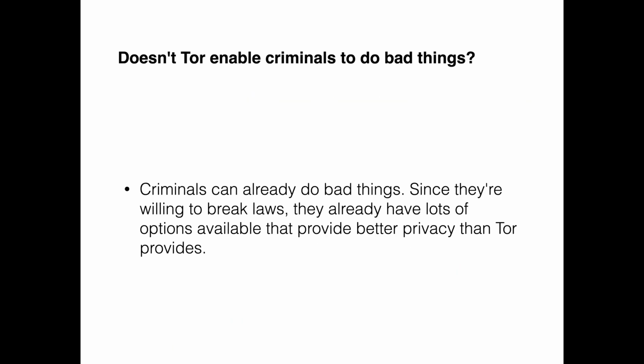So the question is, what kind of bad things does Tor allow criminals to do? So bottom line is, criminals can do bad things anyways. The bad folks already have the tools and multiple ways and multiple options that provide better privacy than Tor does.